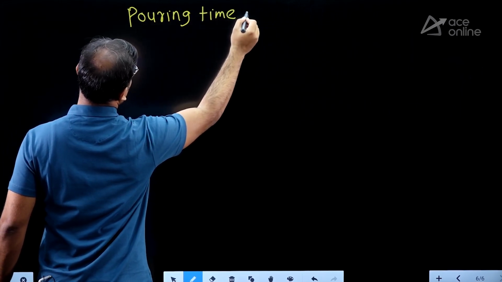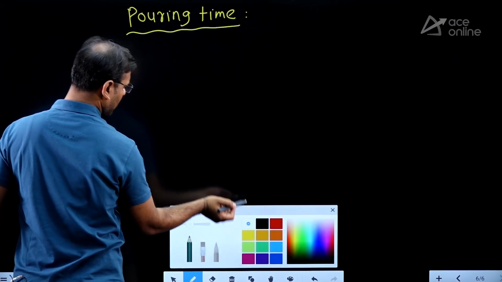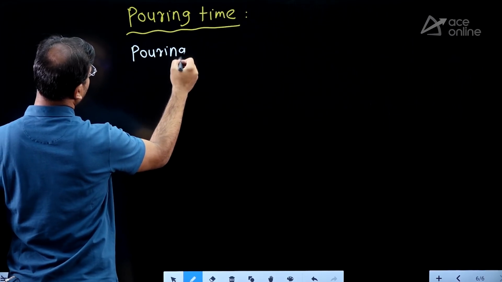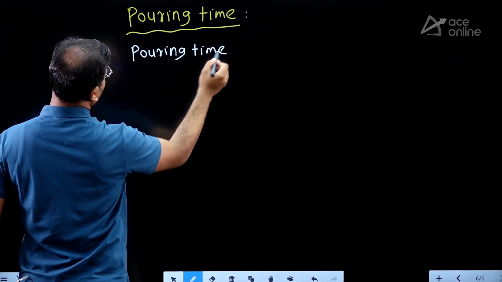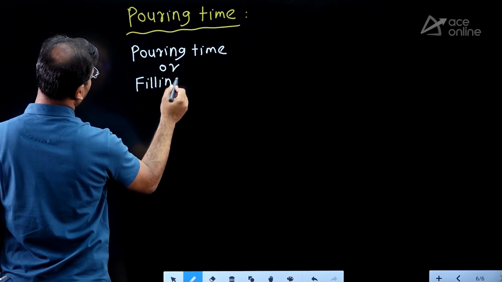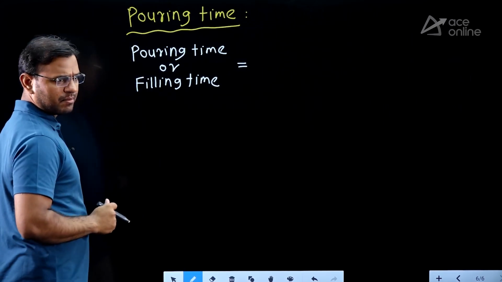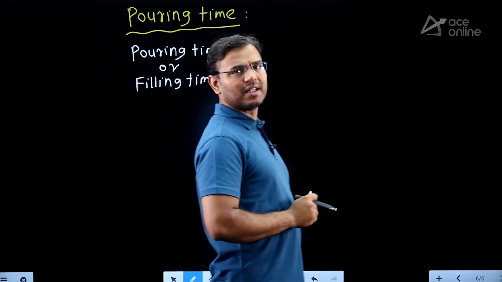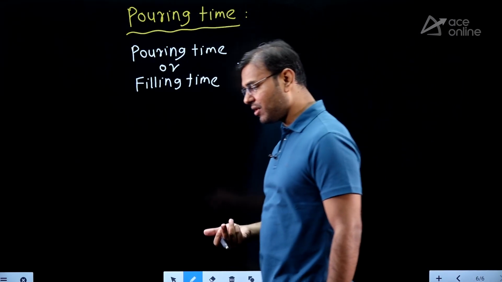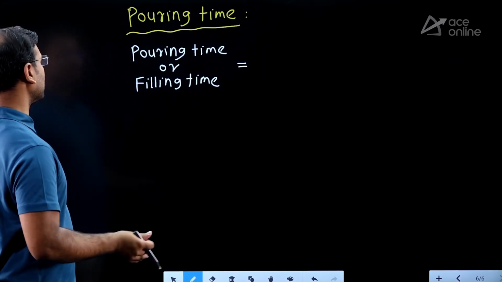What time is required to pour the molten metal is known as pouring time, or also we can say the filling time. Filling time is the time required to fill the molten metal in the casting cavity. What is the pouring time? The time required to pour the molten metal in the casting cavity. So both are the same; we say pouring time or filling time.